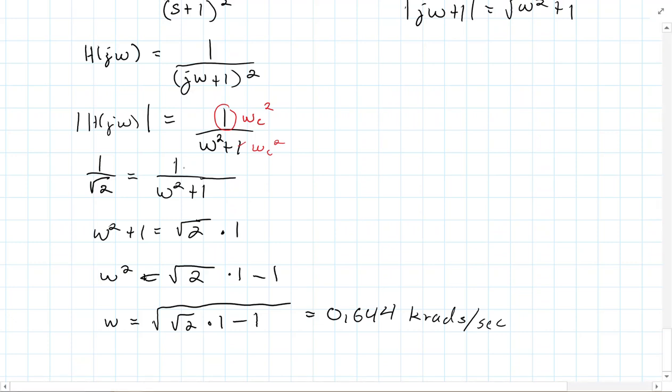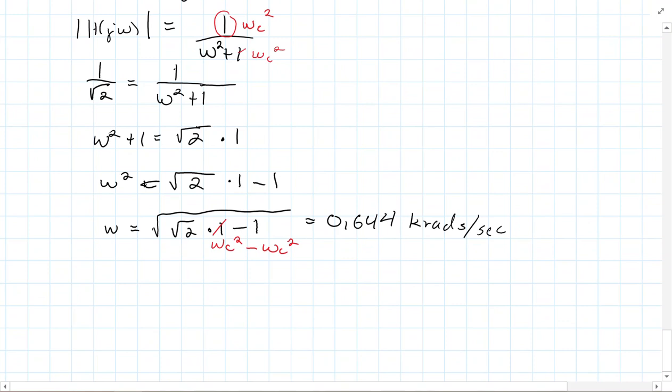So if we kind of plug that through here, we'd have down here, this would be omega c squared minus omega c squared. Right? Because everywhere I have a 1, essentially, that's my omega c squared.